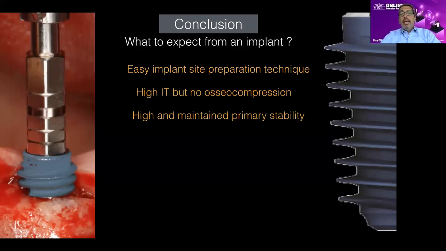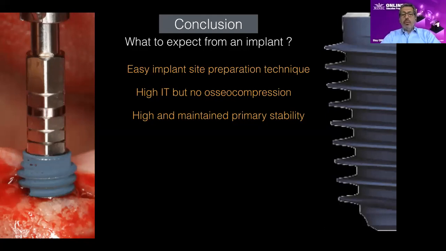Then we need an implant that will give us a high primary stability, which means a high ISQ value at day 0 and a maintained stability over time. And you could see that with these implants, with the series that I showed you, all of the implants were above the threshold of 70 ISQ, which is a threshold above which you can do immediate or early loading of the implants.